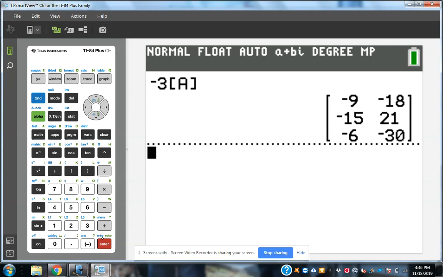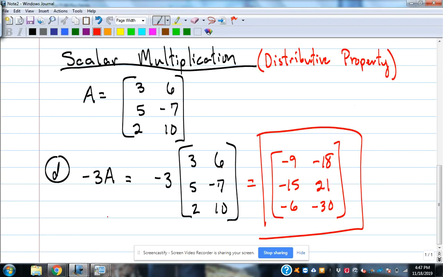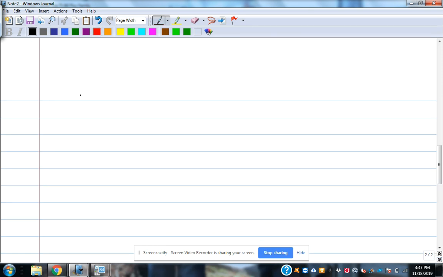Now, where I would think the calculator would be handy is when you combine matrix multiplication or matrix addition and subtraction with scalar multiplication. So let's just use the same two A and B that we had earlier. We've already got them in our calculator, so we don't have to take the time to work those in. So if matrix A and matrix B are the same ones we had before, and we do this problem, 2A minus 4B.